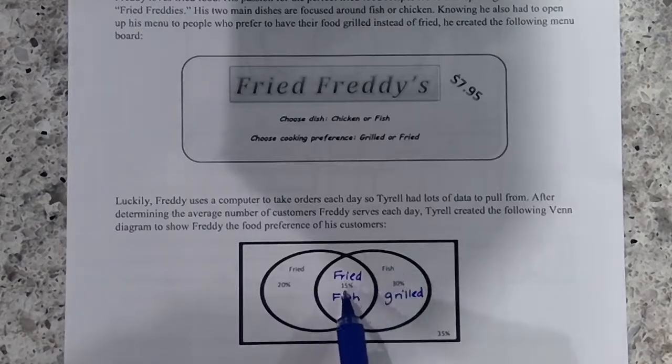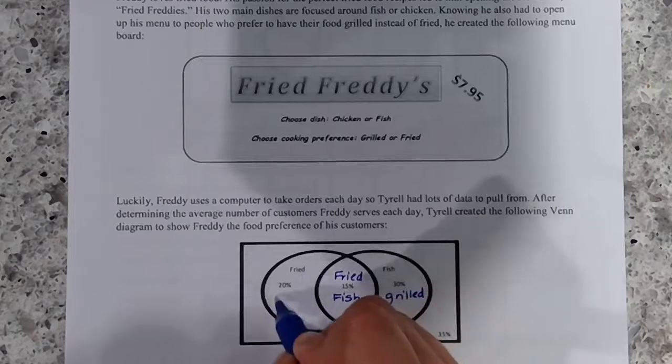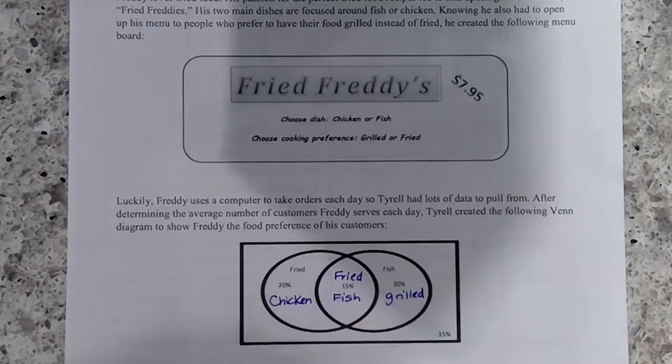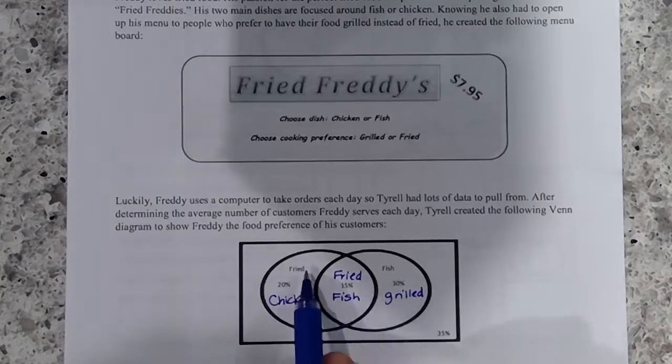So we have all the fish, fried and grilled. Well, this is fried, so then this has to be fried chicken. Okay, so we've got fried fish, grilled fish, fried chicken. What is this going to be?